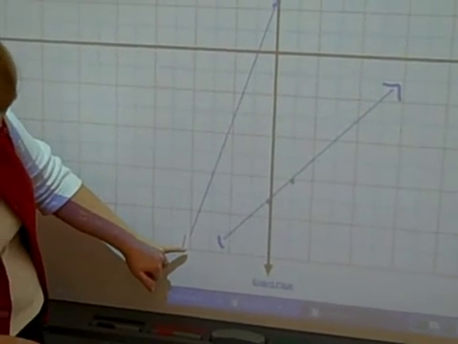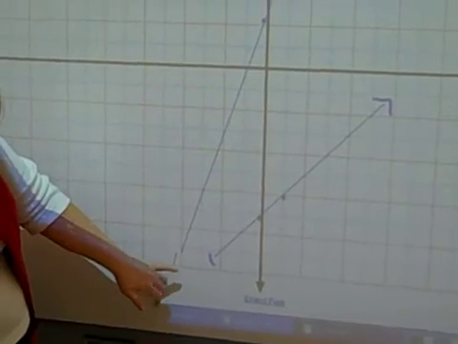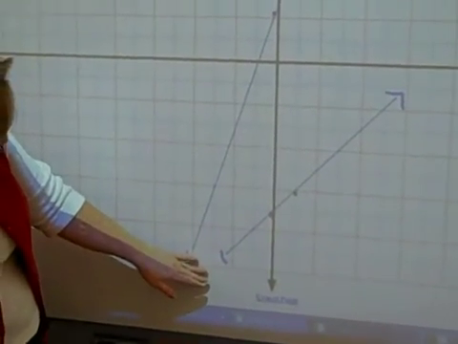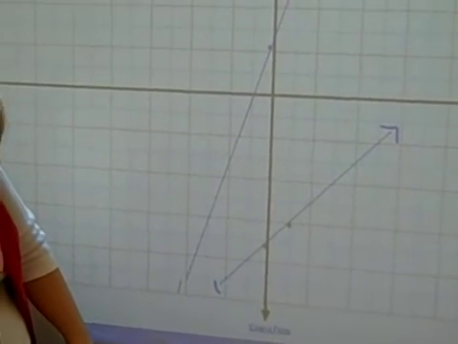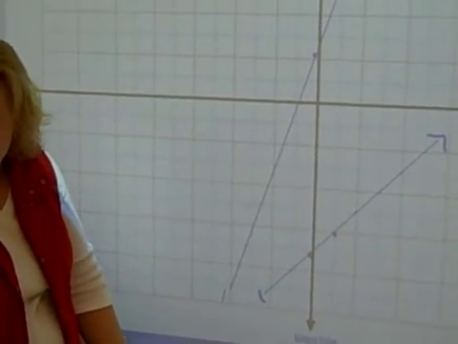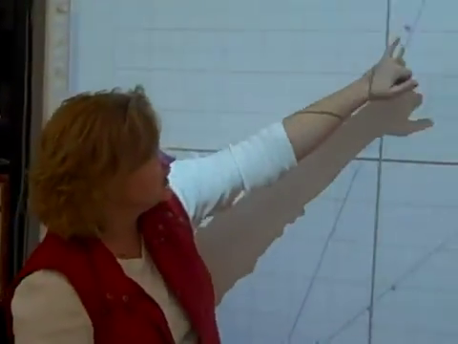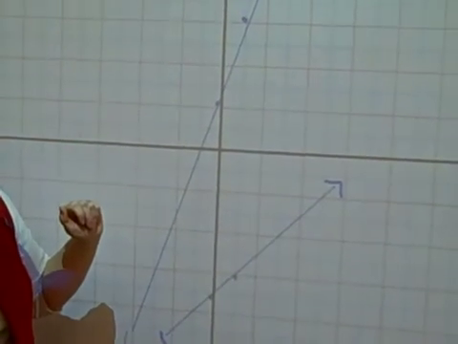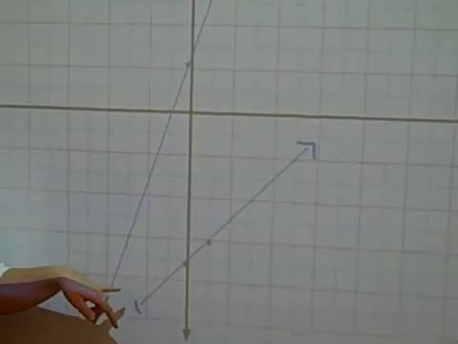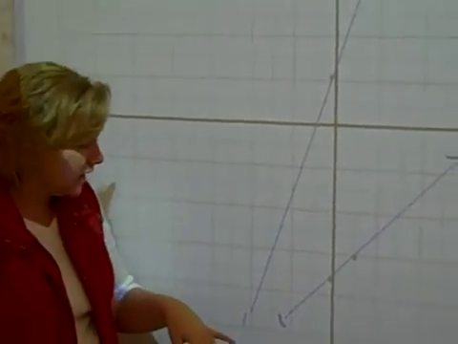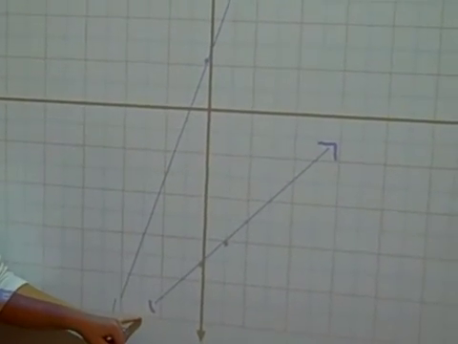It looks like they are meeting at, did you say -3? -10? Mine are not meeting. Over 3, down 10. Oh, is that where your guys are meeting? Remember, for some reason my points aren't exact, and I don't know how to fix that in Smartboard. When you do yours it's going to be more exact. It sounds like everyone in the classroom is getting -3, -10.